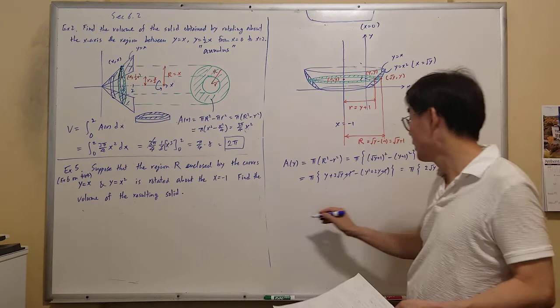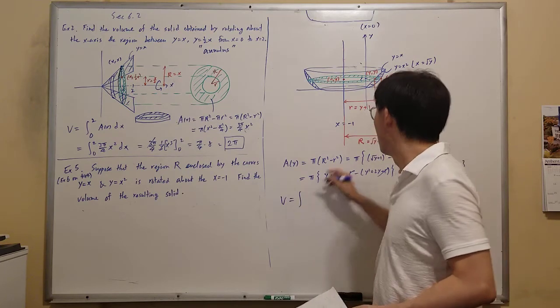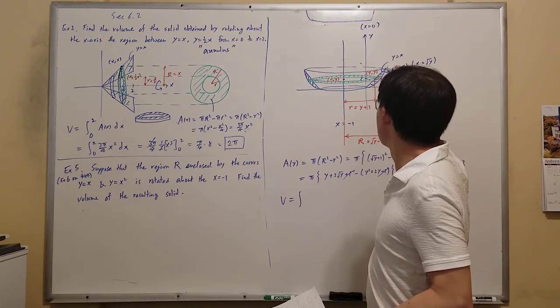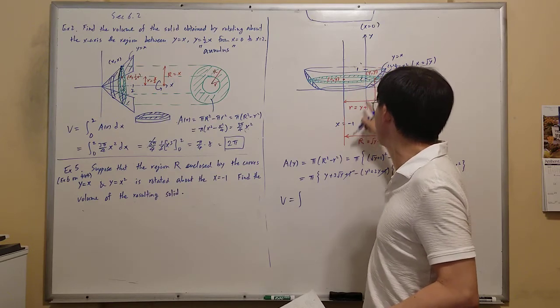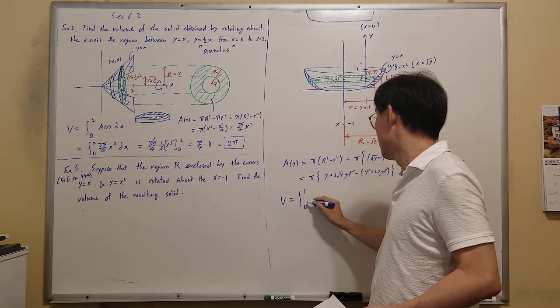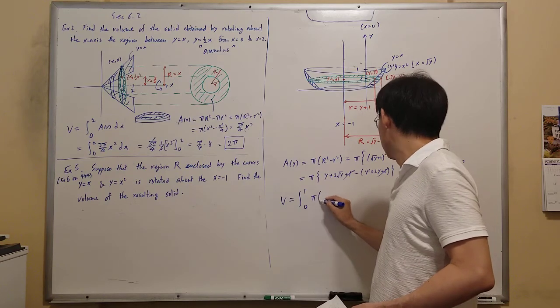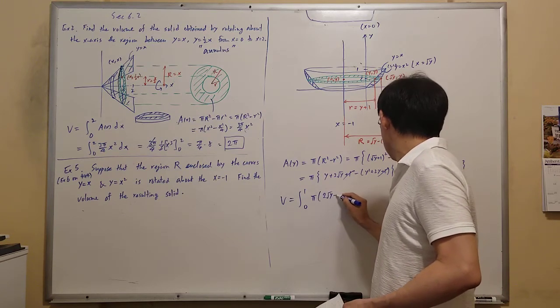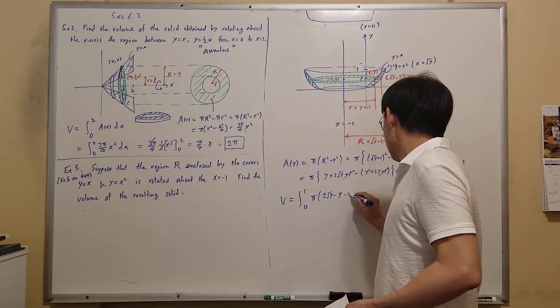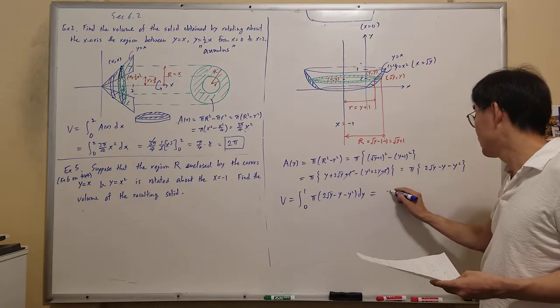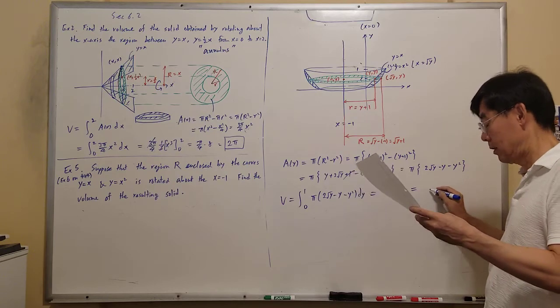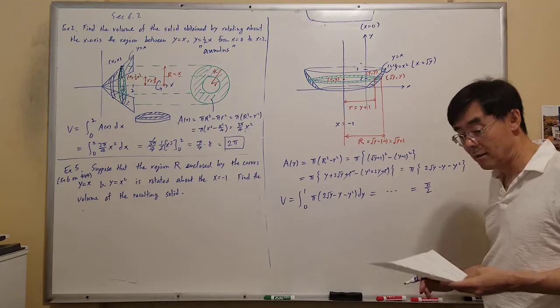The volume is, y runs from 0 to 1, of this function, 2 square root of y minus y minus y squared dy. And if you do this simple calculation, this will be pi times some value.